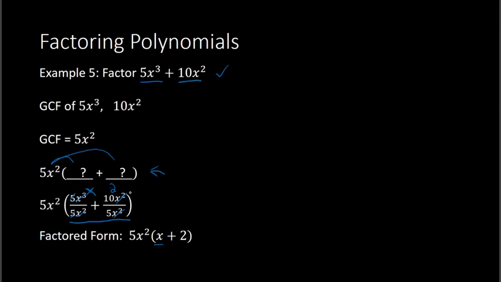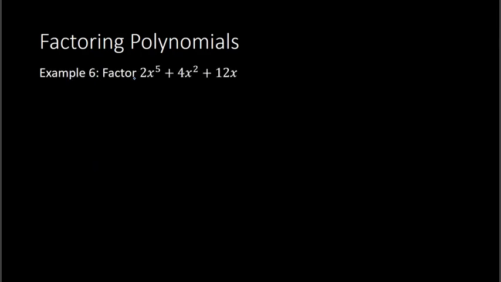So that's where the x comes from. And then I look at the second term, 5x squared times what gives me 10x squared. And that's going to be the 2. So if you cannot do that in your head, you can think through this process that I showed you, which would get you the same answer. And that's when you divide the term by the greatest common factor.